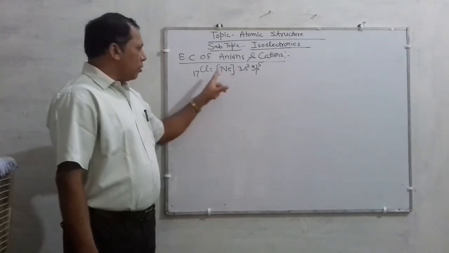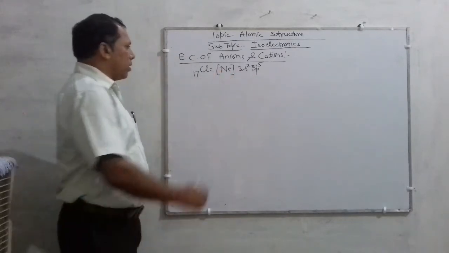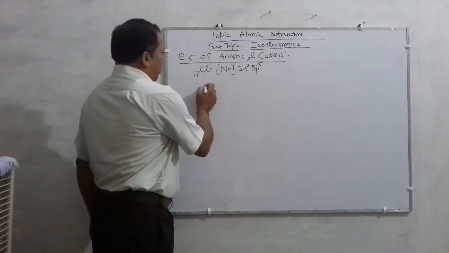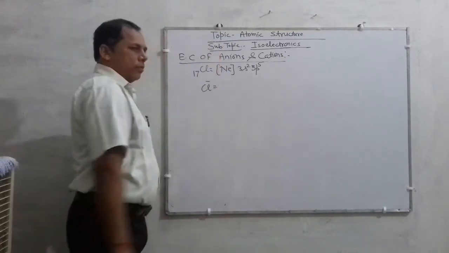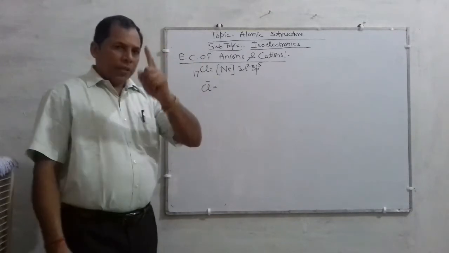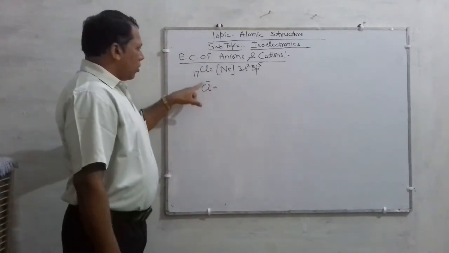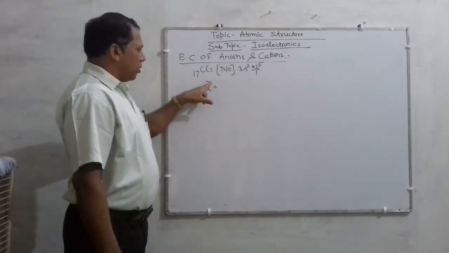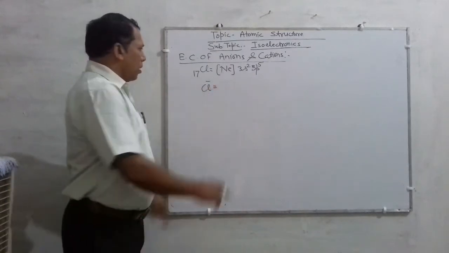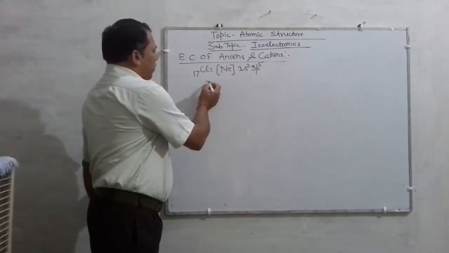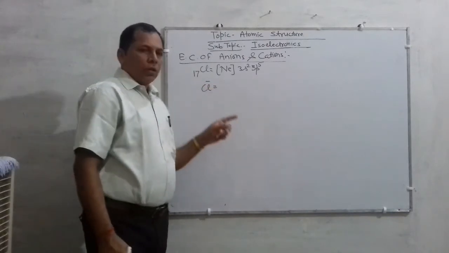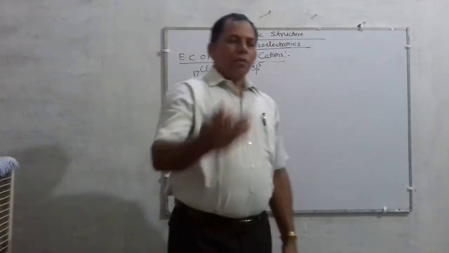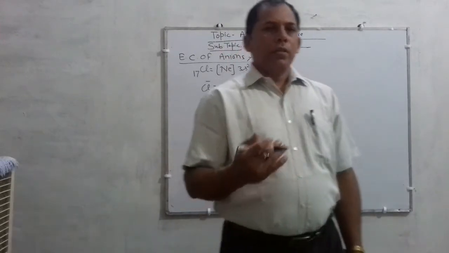So this is the neutral atom, but suppose we have to write the configuration of the chloride ion. What happens, children? Chloride ion is an anion, and during the formation of an anion, electrons are added.